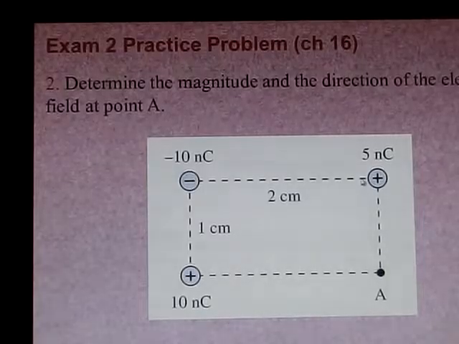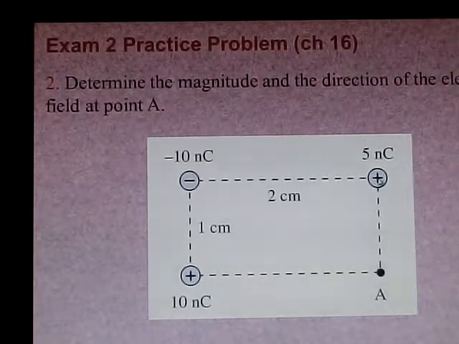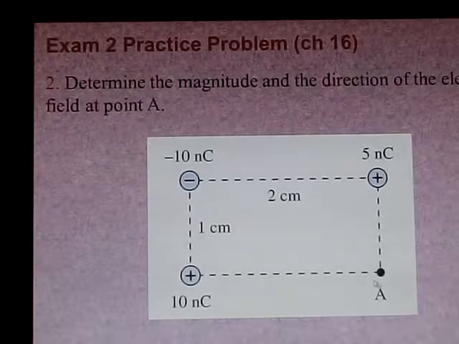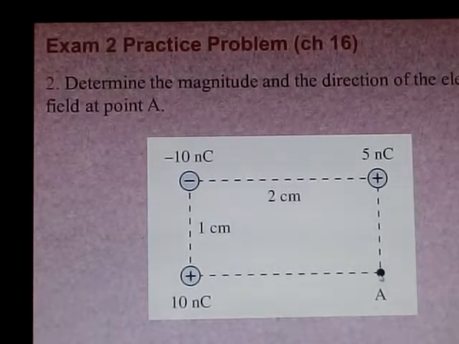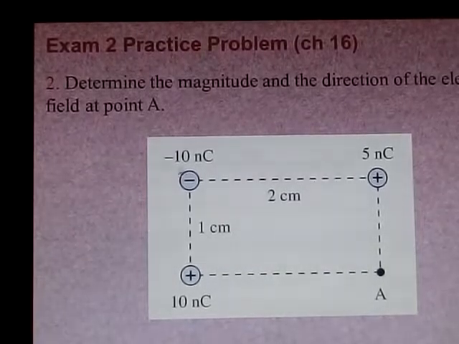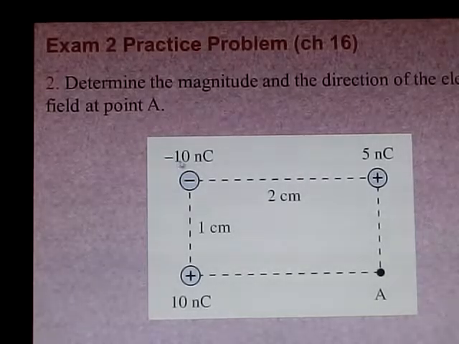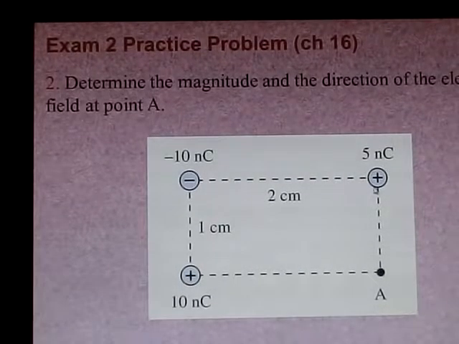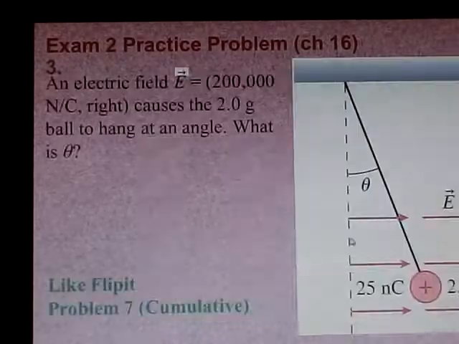Incidentally, the x component due to the 5 nanocoulomb charge is 0. And the y component due to the 10 nanocoulomb charge is 0. So when adding the total x components, you will have x components due to negative 10 nanocoulomb and 10 nanocoulomb, but you will not have an x component due to 5 nanocoulomb. I hope the point is clear.